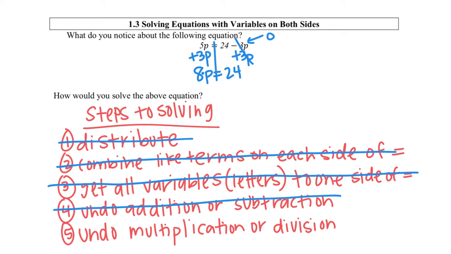So to get rid of it, I need to do the opposite, and I'm going to divide both sides of my equation by that 8, leaving me with p equals, and when I do 24 divided by 8, it's going to leave me with 3. So my answer is p equals 3.